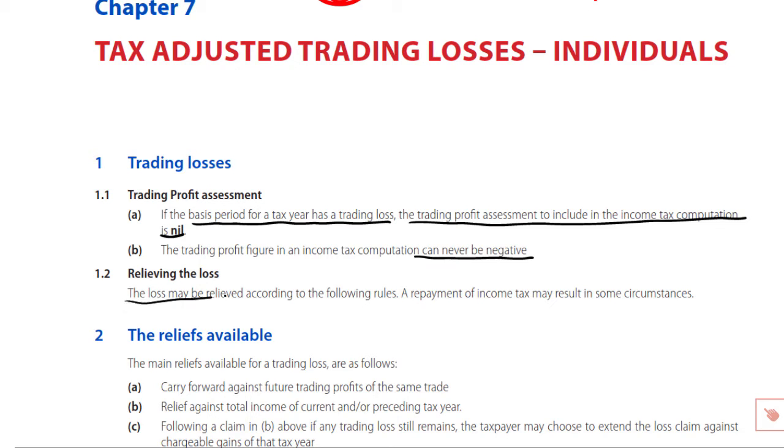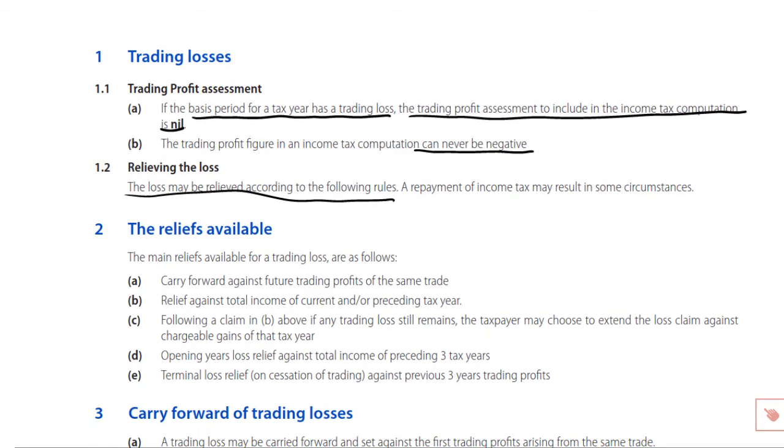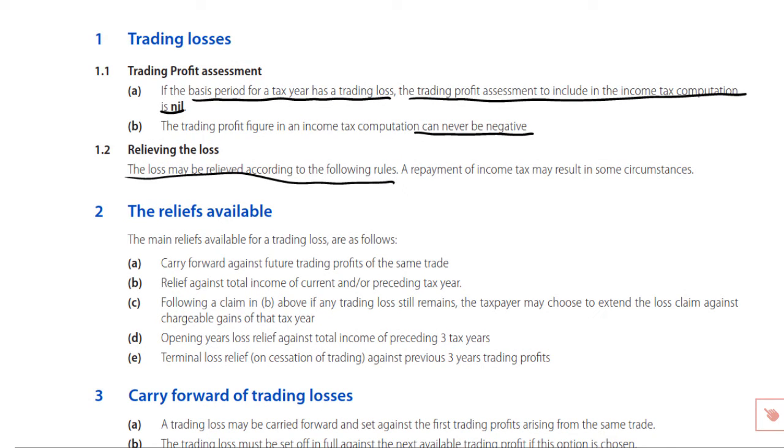And the loss may be relieved according to the following rules. And as we've said, if you're able to carry back the loss to relieve against income of an earlier tax year for which you have already paid the tax, then this may generate a repayment. In cash flow terms, that's as good as it is going to get. So the reliefs that are available.